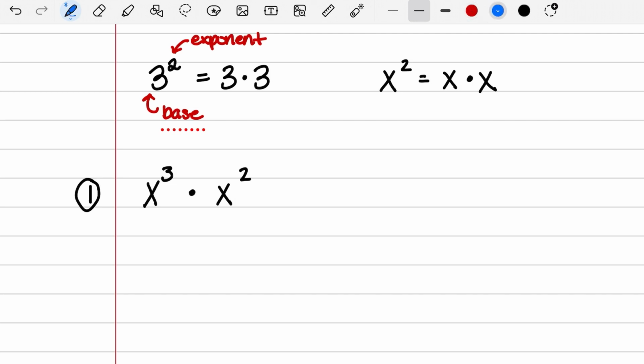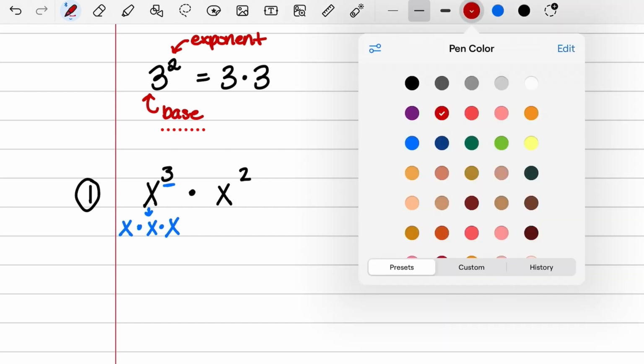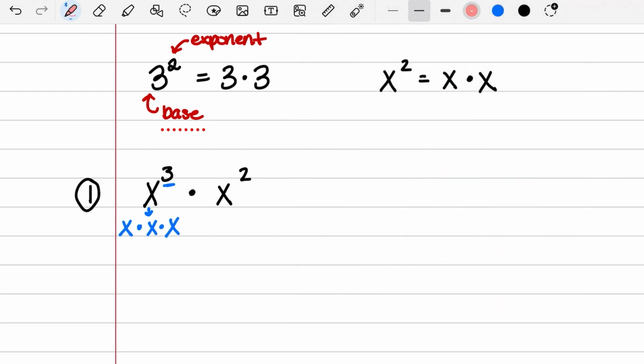If I were to expand x to the power of 3, this tells me that I'm multiplying x by itself 3 times. X times x times x. But, let me change my color. If I look at x squared right next to it, I'm multiplying x by itself 2 times.